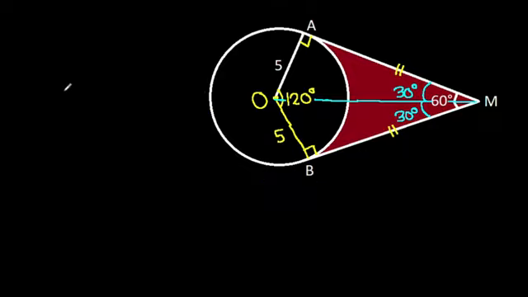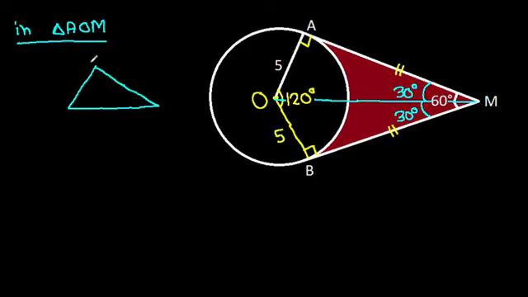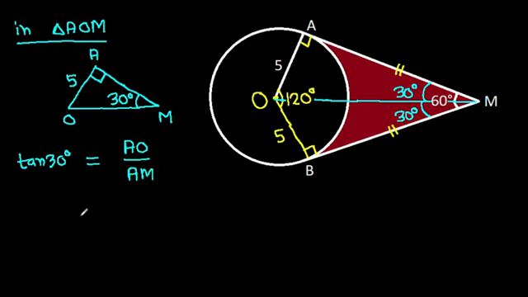and now in triangle AOM, this angle is 90 degrees. This angle is 30 degrees. AO is 5 and tan 30 degrees will be AO over AM, and tan 30 degrees is 1 over root 3.